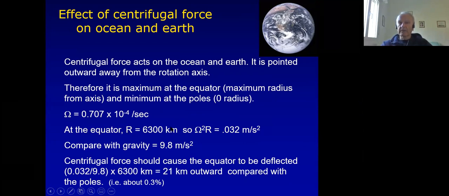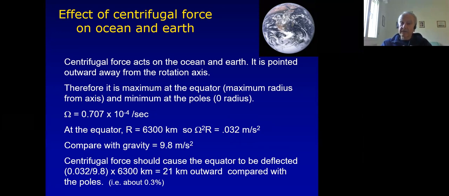At the equator, we have a 6,000 kilometer radius. So omega squared r is this thing here, 0.032 meters per second squared. Compared with gravity, which is 9.8 meters per second squared, we can see that practically the centrifugal force can be neglected compared with gravity.